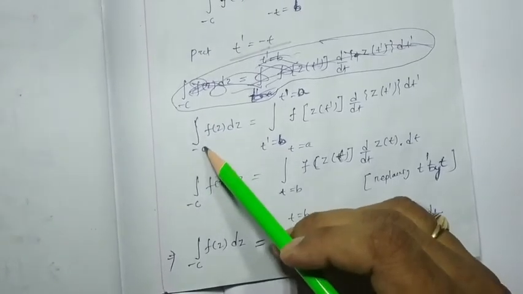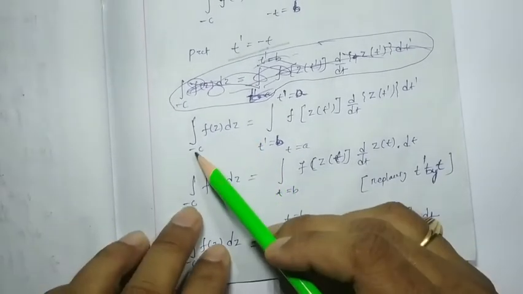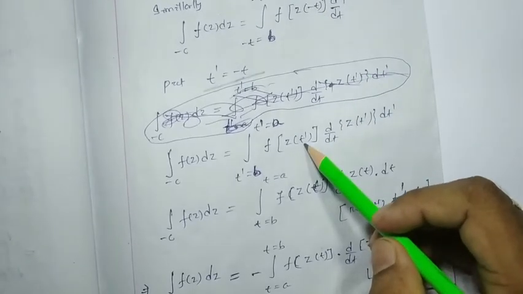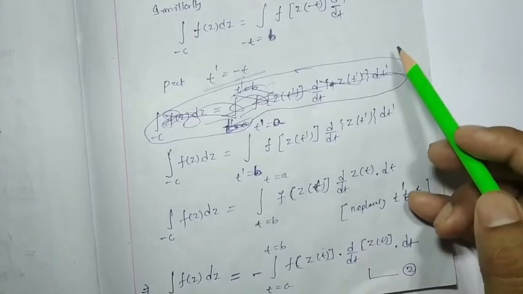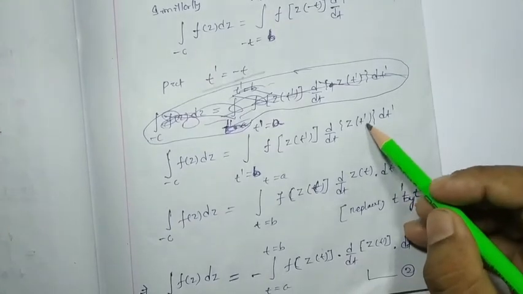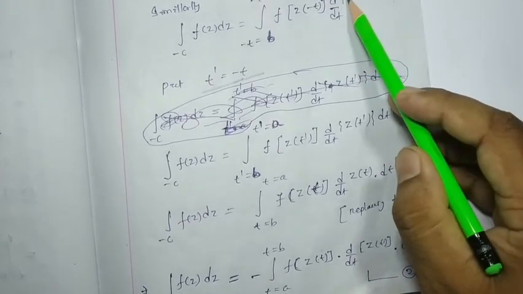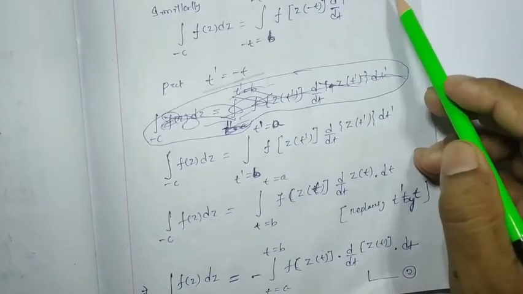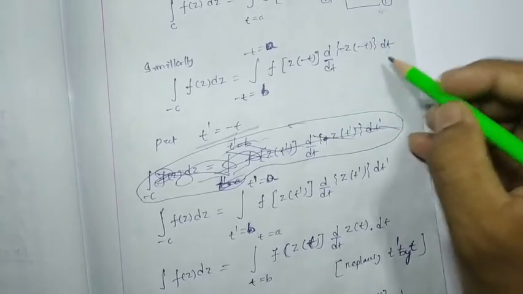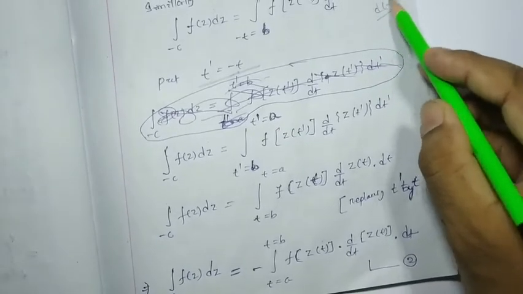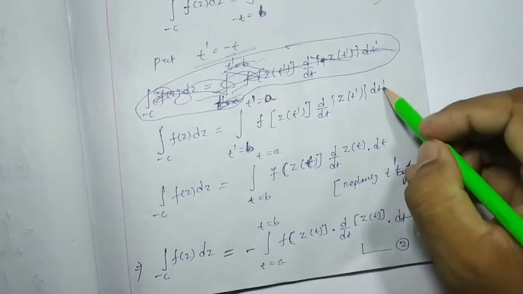So the contour integration of f(z) dz over minus C will be equal to the integral from t dash equal to b to t dash equal to a of f of z(t dash), and d of minus t becomes minus dt, so for minus t we write dt dash.